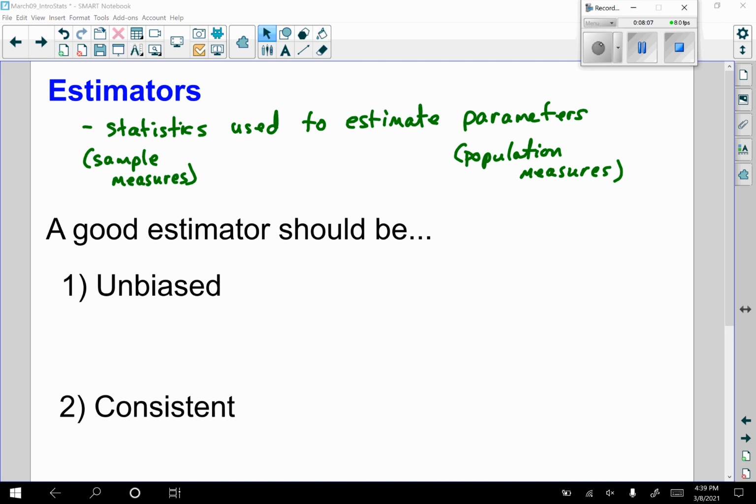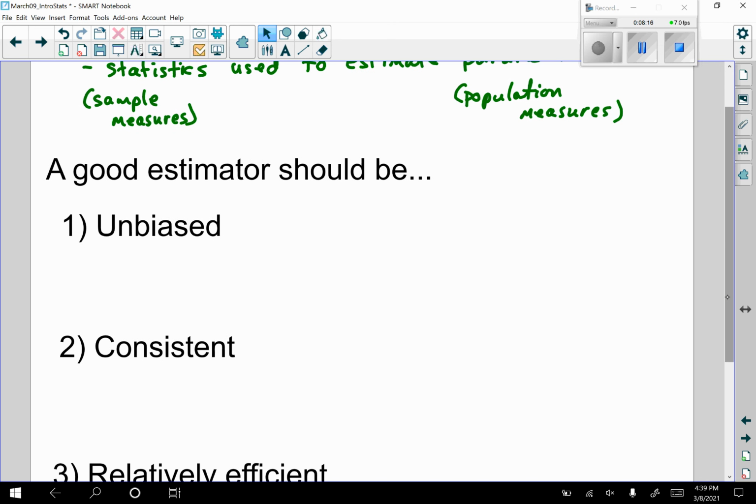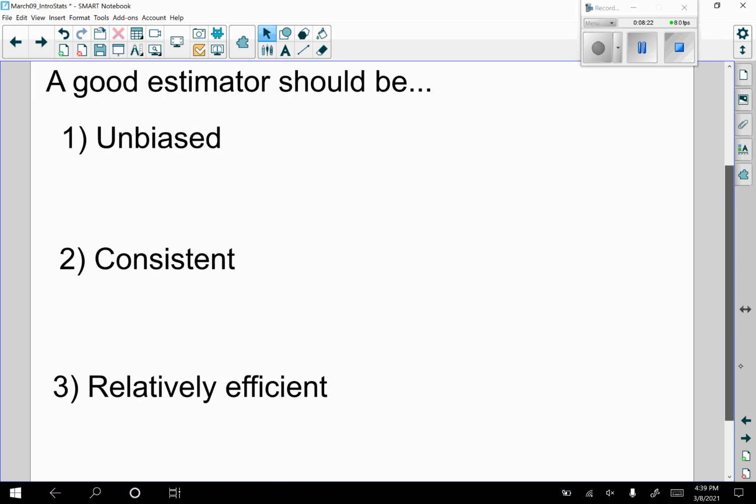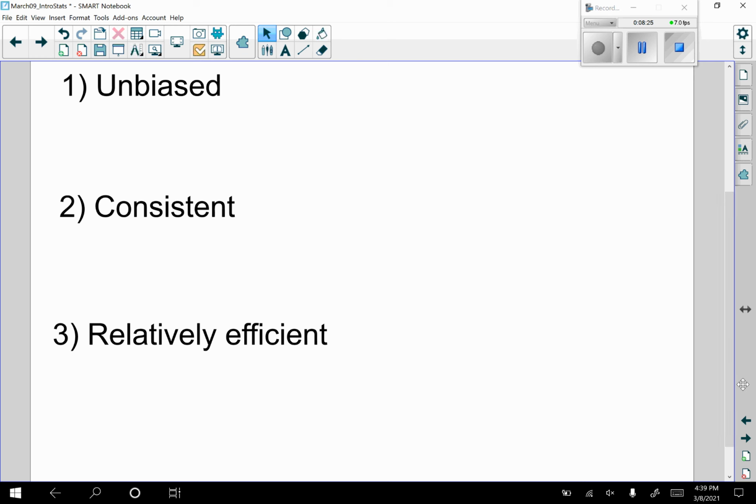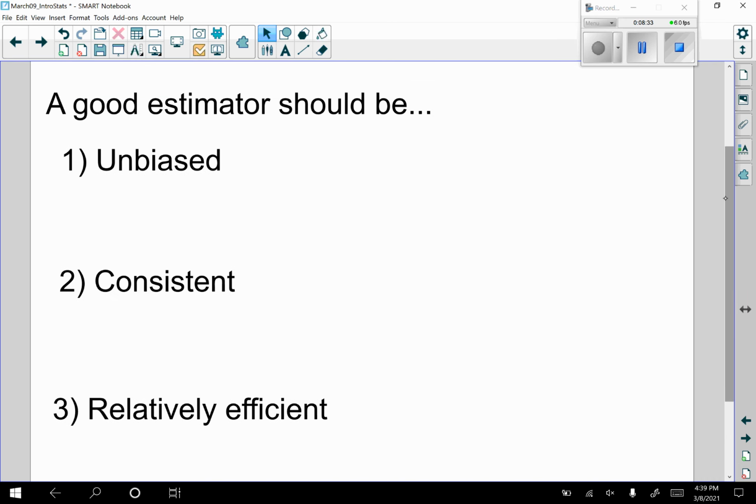As the sample size increases, the value of the estimator approaches the value of the parameter estimated. And that kind of makes sense. The larger the sample size, the closer we're getting to the size of the population, in a way. And then the third is relatively efficient. Of all the statistics to use, the one with the smallest variance. But all you have to do is remember that a good estimator should be unbiased, consistent, and relatively efficient.